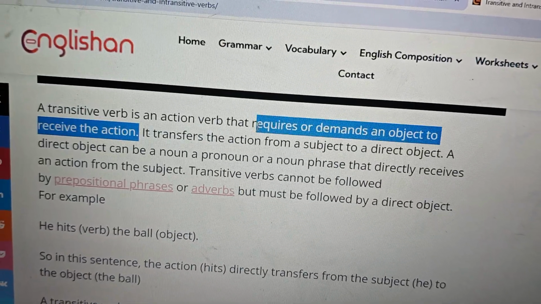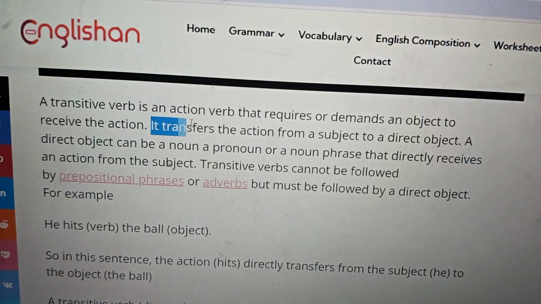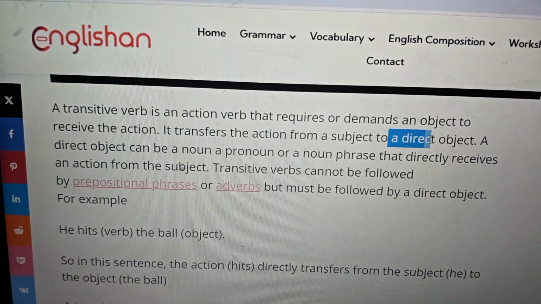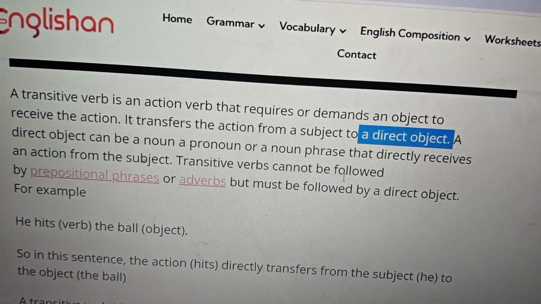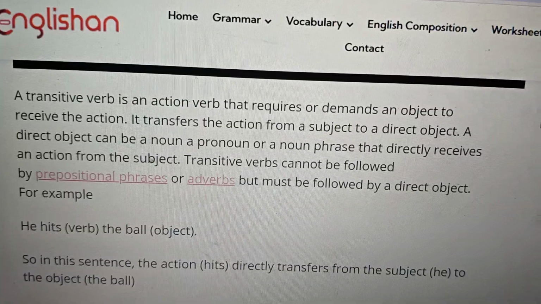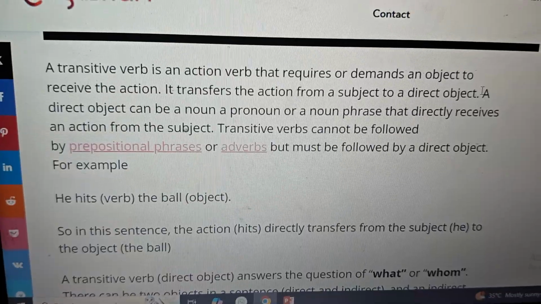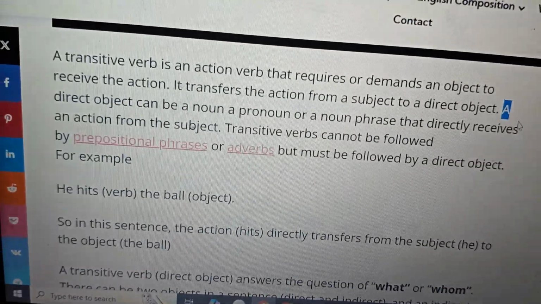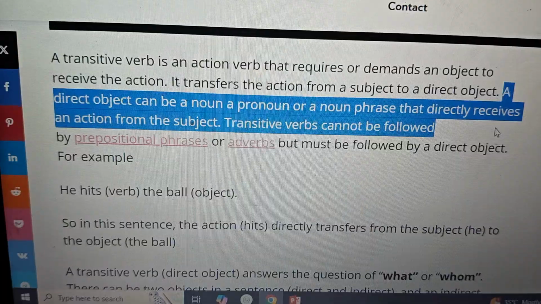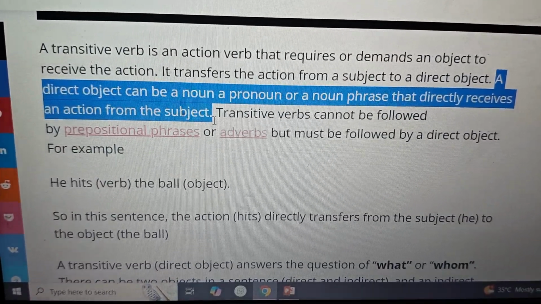The next point is that it transfers the action from a subject to a direct object. You all know what a direct object is. Next, a direct object can be a noun, a pronoun or a noun phrase that directly receives the action from the subject. This point we already know.